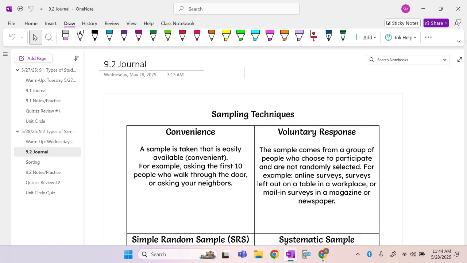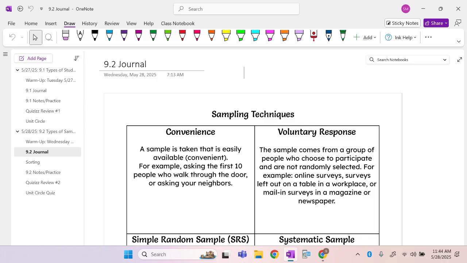All right, so with the sampling techniques, this is typically how people choose their samples whenever they're doing any type of study, whether it be a survey, observational study, or an experiment. Based off of that sample, you can determine first off how biased your study is, or whether it actually represents what you're looking at.